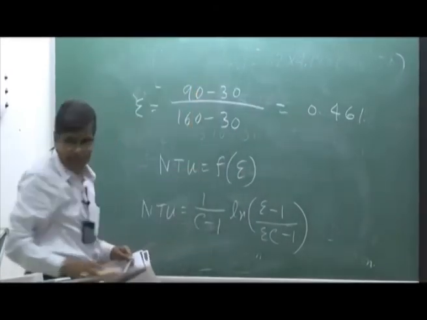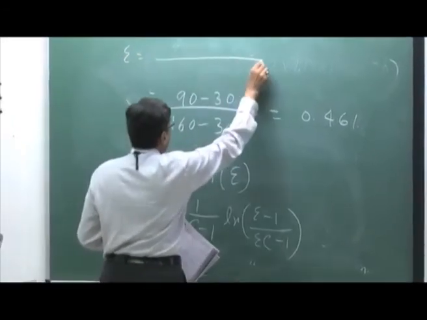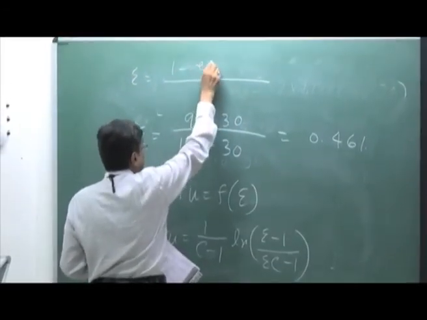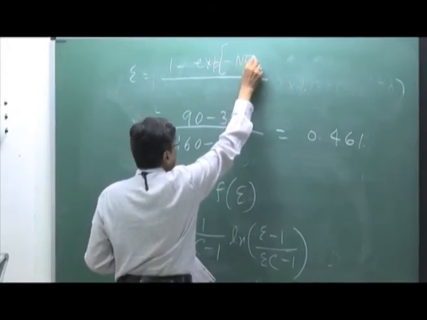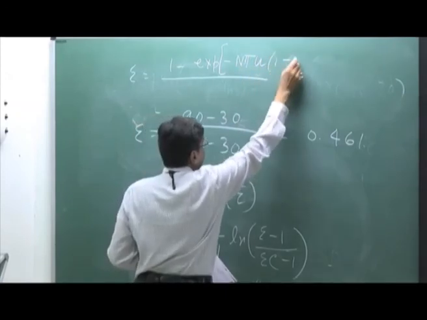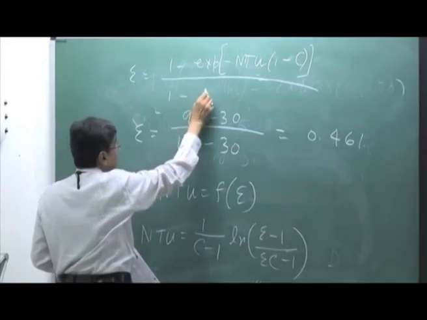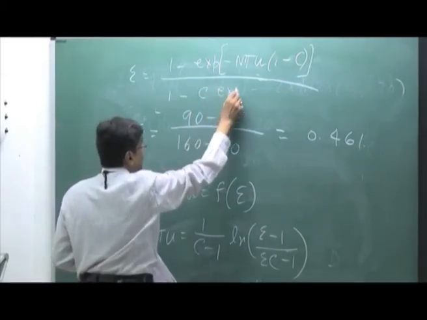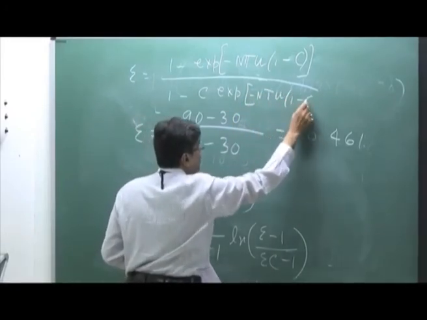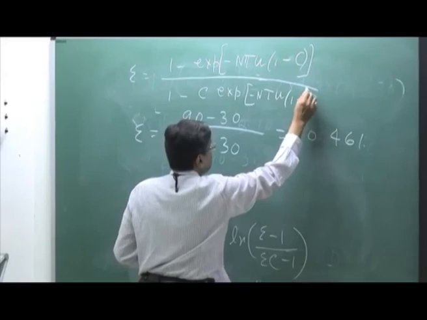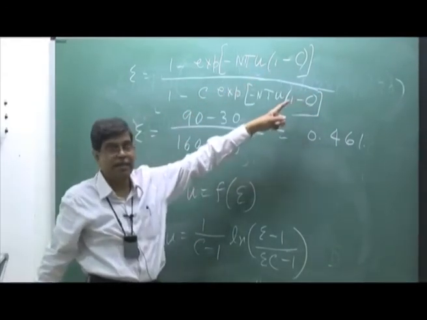Here I write by rubbing this. If we recall, just now I told that epsilon in a counter flow is what? 1 minus exponential minus NTU into 1 minus capital C, divided by 1 minus capital C exponential minus NTU into 1 minus C. So you see this expression, this capital C is C min by C max.